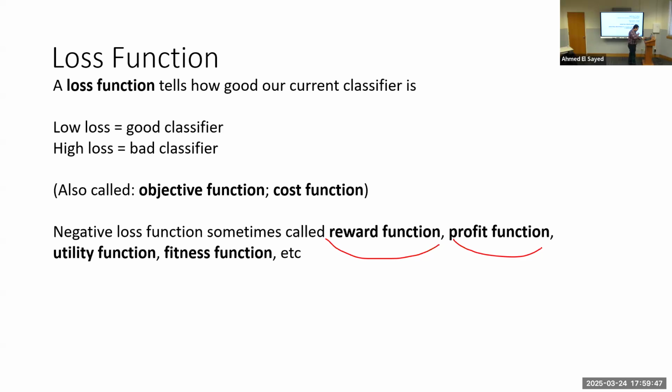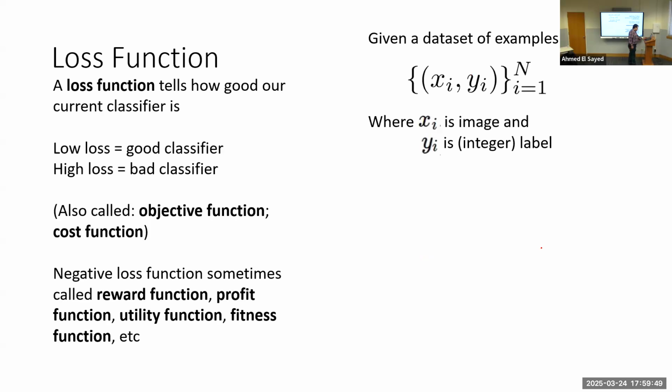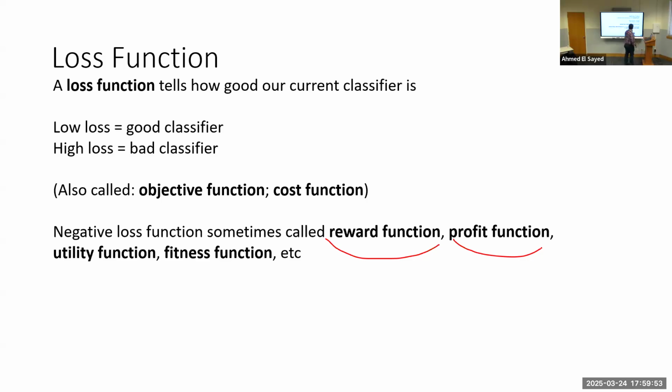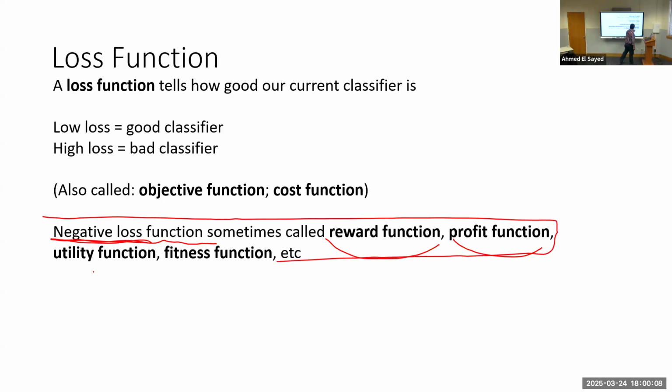Okay. So if you are receiving a negative value for it, in this case, the problem converts to maximizing rather than minimizing. Okay, which is not something we will handle in this case.